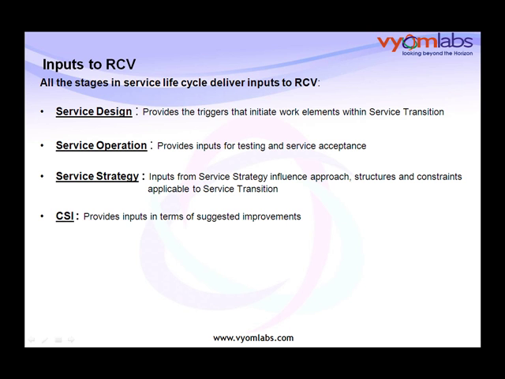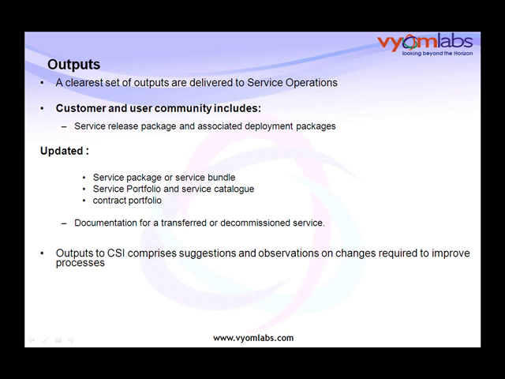And CSI provides input in terms of suggested improvements. Output will be in terms of a clear set of output delivered to service operations. Customer and user community output will include the service release packages, associated deployment packages, and to the CSI will comprise suggestions and observation on changes required to improve processes.